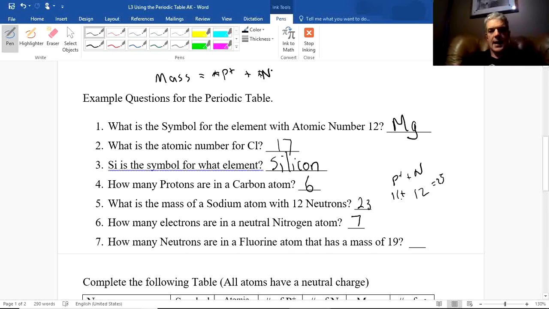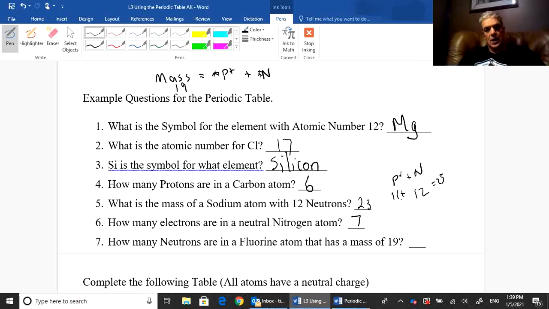I know that my mass is 19, and I'm asked to find the number of neutrons. If I can find the number of protons, I can figure it out pretty easily. 19 is going to equal the number of protons plus the number of neutrons. So if I find out the number of protons, I think I can calculate the number of neutrons.